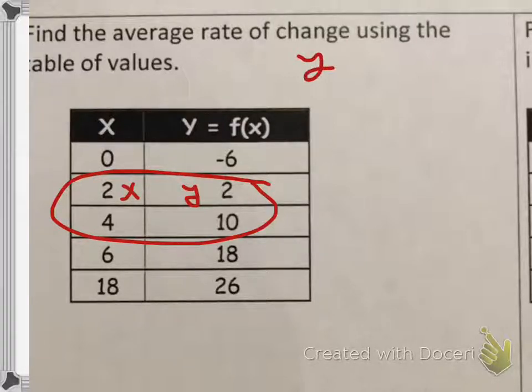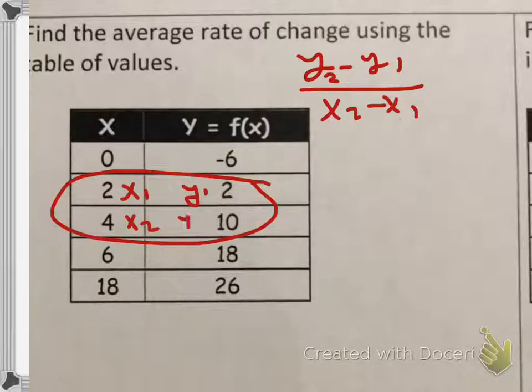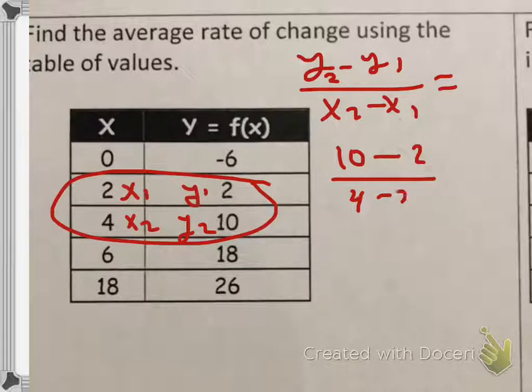Our slope formula said y2 minus y1 over x2 minus x1, so we're just going to plug into our formula. This can be x in my first point, y in my first point, x in my second point, y in my second point. So when I substitute in here, I have y2, which is 10, minus y1, which is 2, over x2, which is 4, minus x1, which is 2.